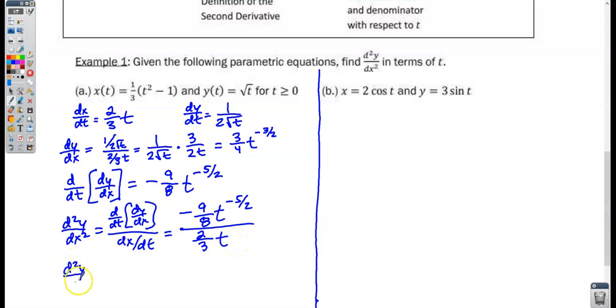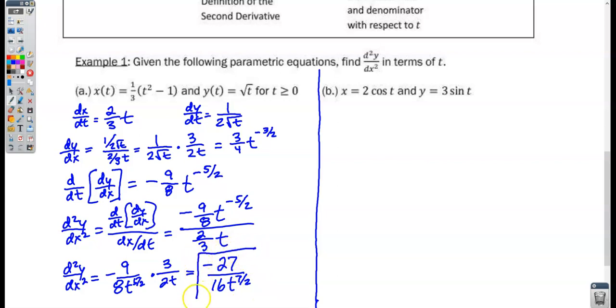So our second derivative here is going to be equal to negative 9/8 t to the negative 5/2 times the reciprocal of this, which is 3/2t. So this becomes negative 27/16 t to the negative 7/2. And that is our second derivative, d squared y over dx squared, for this parametric curve.